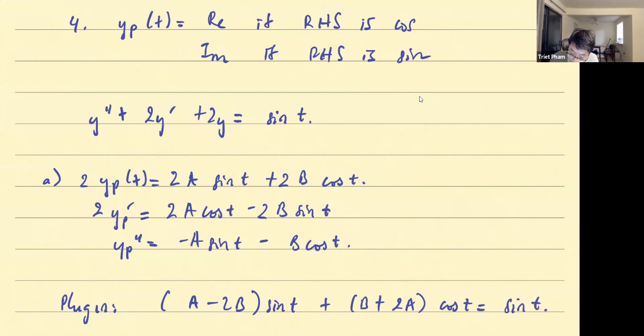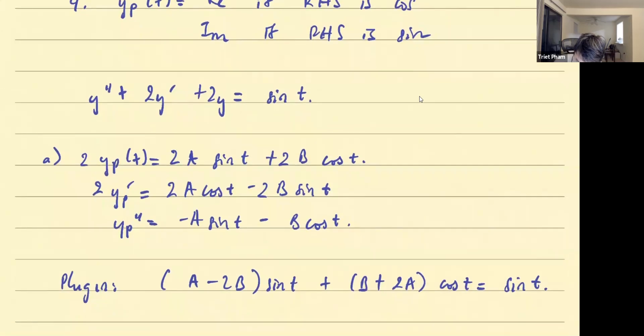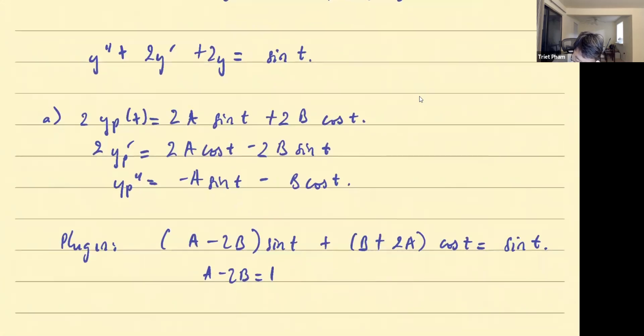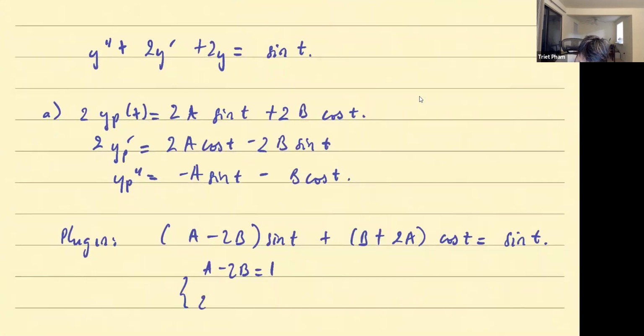Is that okay? So that means a minus 2b is equal to 1, and 2a plus b is equal to 0.